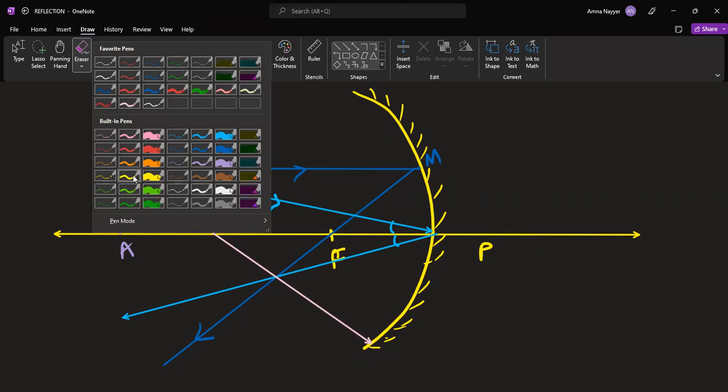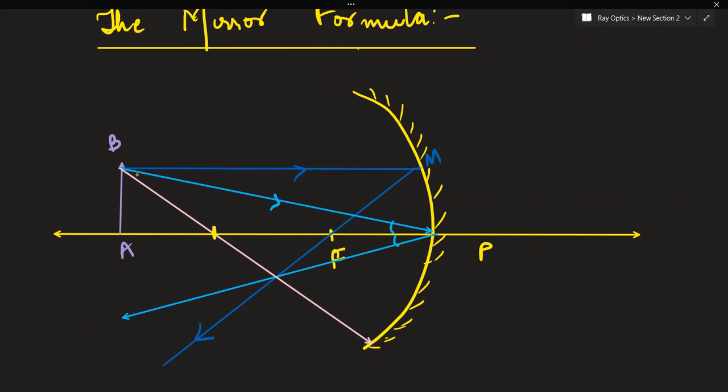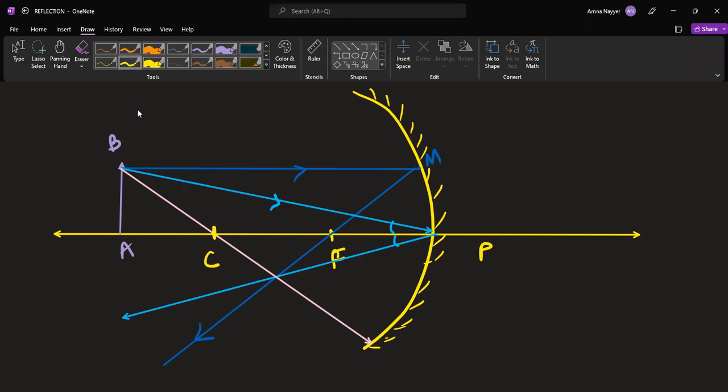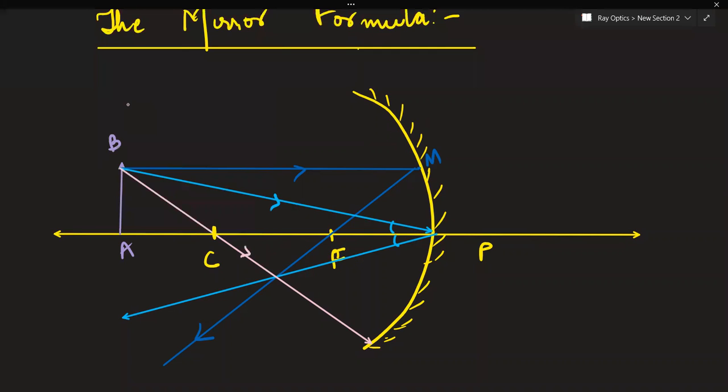When you draw with compass and scale, you will get the exact points, because the focus has to be at the center of the radius of curvature, as it divides the radius of curvature into two parts. So this is your curvature. It will retrace itself. Now the main thing: all the rays we have drawn, we are obtaining an image at this point.